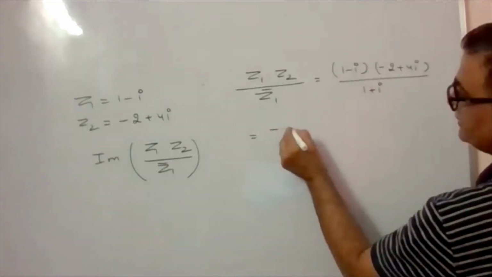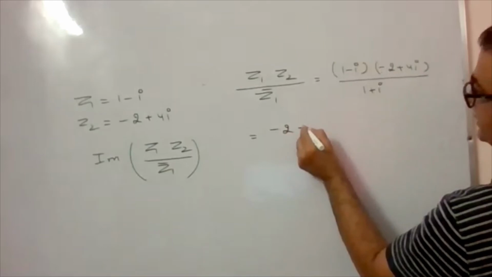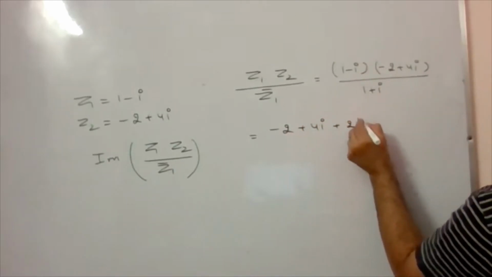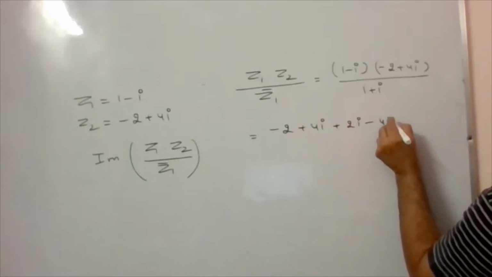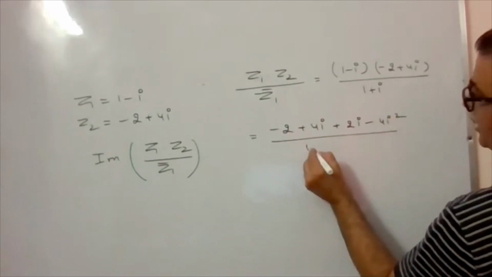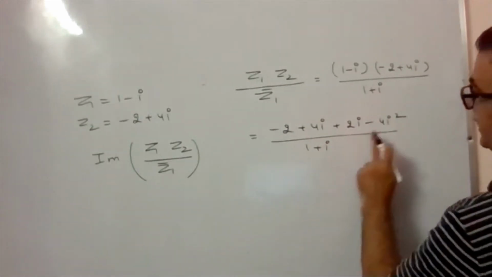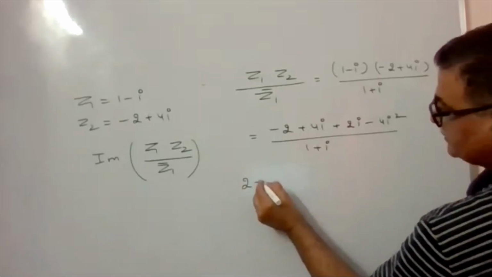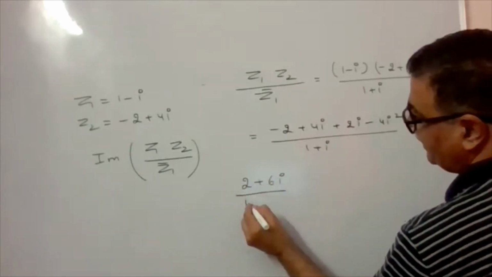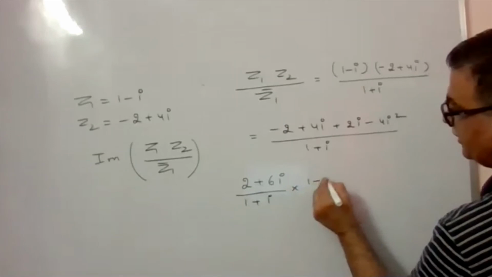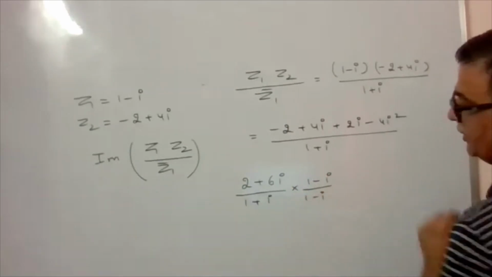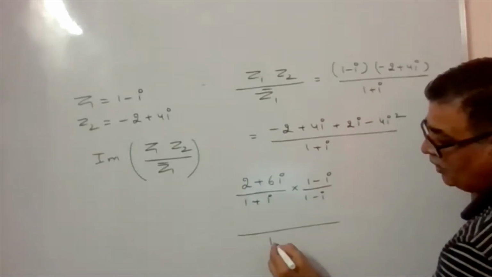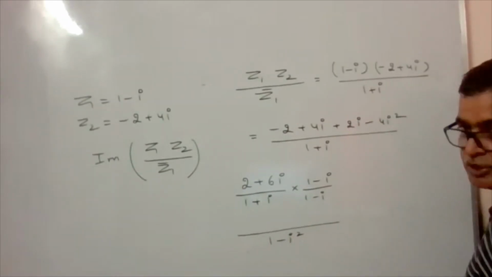So it will come minus 2, then plus of 4 iota, then plus of 2 iota, minus 4 iota square, divided by 1 plus iota. Then this will be plus 4 now, and this is minus 2. So it is left 2 plus of 6 iota divided by 1 plus iota. So we should multiply now 1 minus iota in numerator and denominator. Denominator comes out to be 1 minus iota square, that will be 2 only.